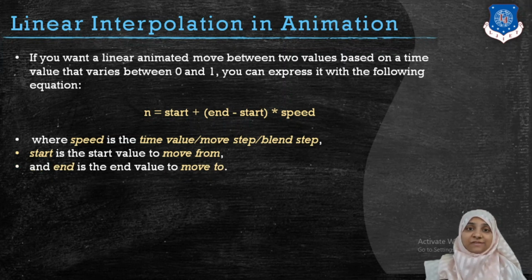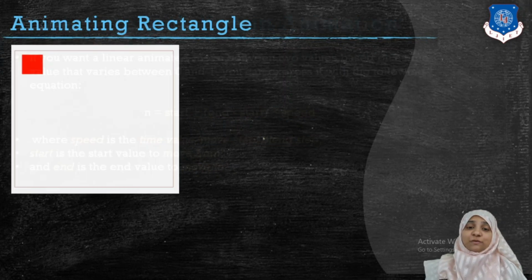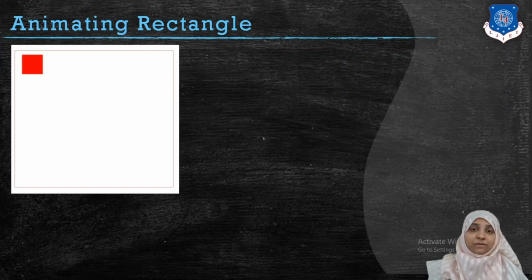And end is the place where you want your object to finally be at the end of the animation. So basically, when we are performing animation, we are moving an object in our canvas from one location to another location. So we must know the starting and ending position of that object.